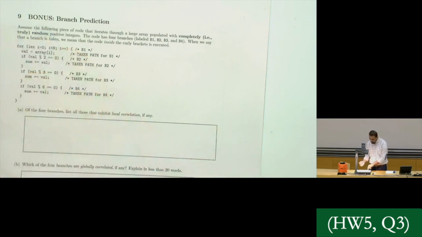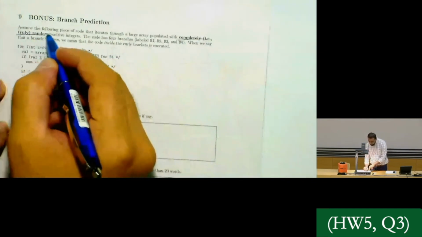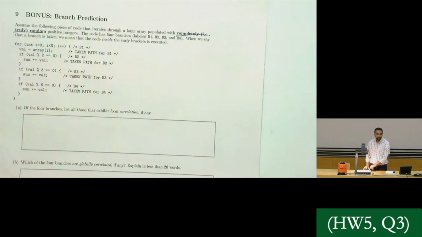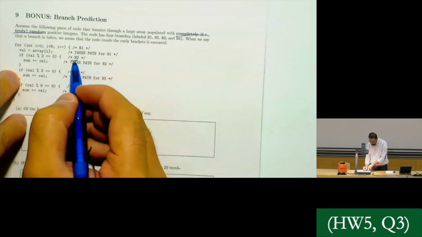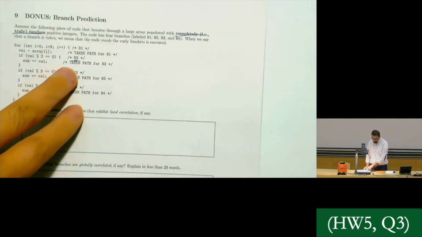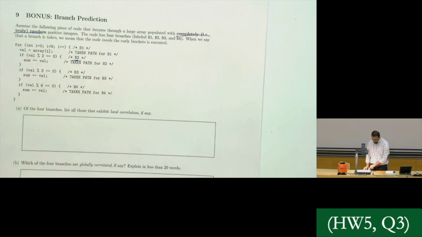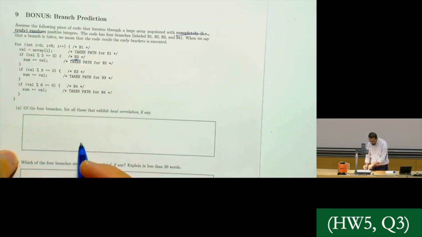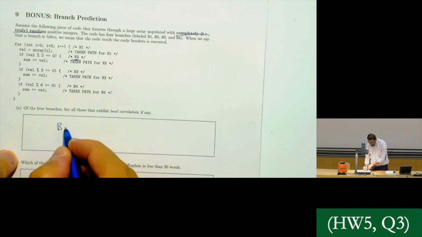And the value, it says here, is completely random. So if I know that from the previous iteration branch 2 was not taken, I cannot predict for the current iteration whether B2 will be taken or not. So that's why the locally correlated branch is only B1.